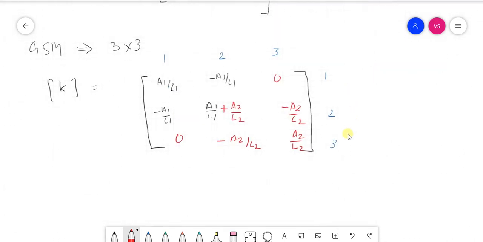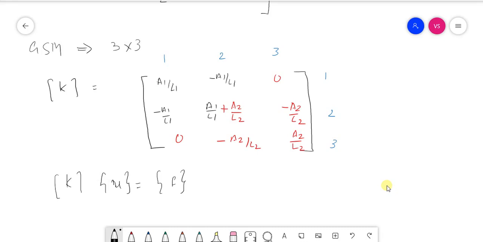Now once we write the global stiffness matrix, the other things are easy. You will write K U equals F, but here U will be only a vector of 3 elements because we have only 3 nodes.